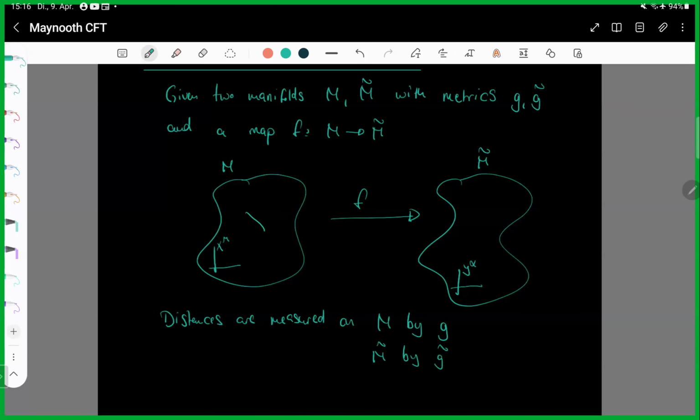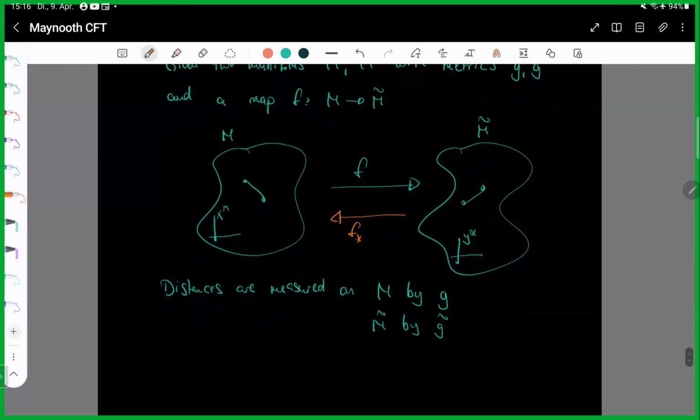So if you have a distance from here to here, you measure that by g. And similarly from here to here, you measure that by g twiddle. And now what you can do by virtue of the map, you can relate. This is called the pullback. It's denoted F subscript star.